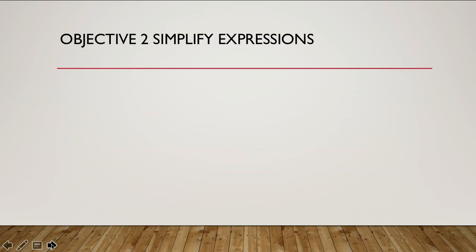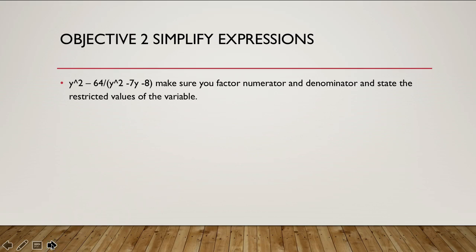Objective 2, simplify expressions. y squared minus 64 divided by y squared minus 7y minus 8. Make sure you factor the numerator and the denominator and state the restricted values of the variable. The numerator is going to be the difference of perfect squares, so it's y plus 8 and y minus 8.